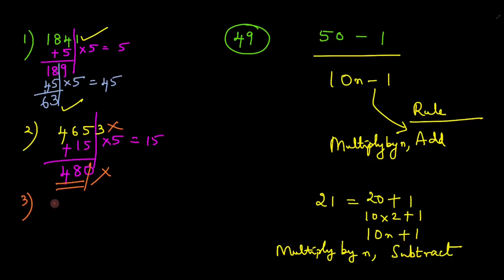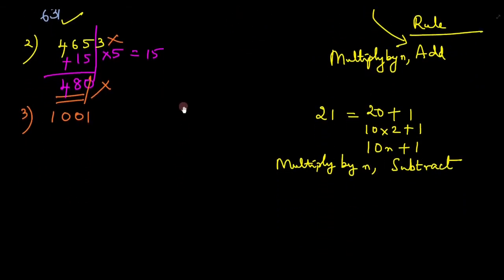Let us take another example, 1001. Separate out this 1, take 5 times, add this 5 here, 105.